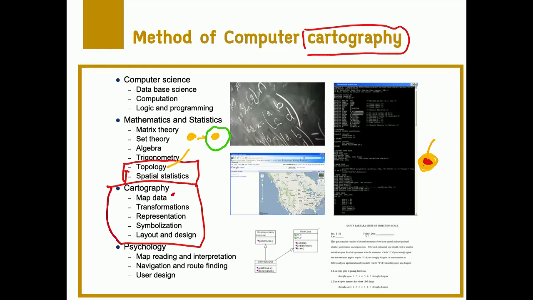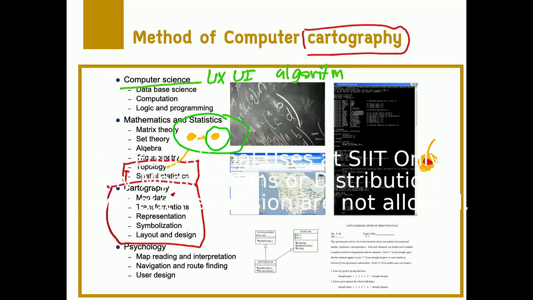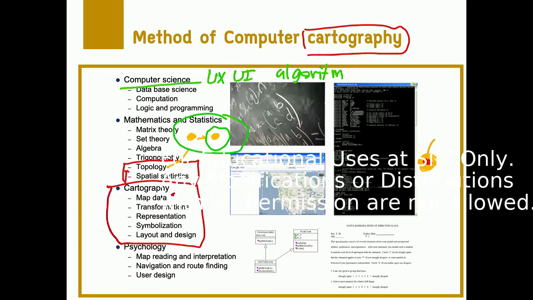Okay. And from these relationships, computer science can help you design the UX and UI and some machine learning algorithms to make it happen in the applications, or make queries to fulfill the user's needs. That's why we can integrate computer science and cartography into the location-based service applications of today.